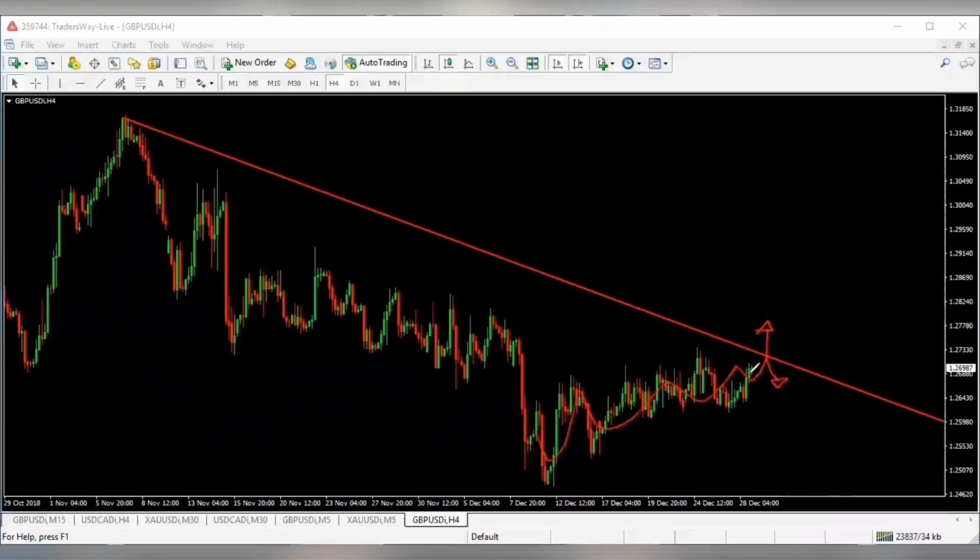If it breaks that trend line, then we possibly have a trend reversal. If it goes here at the top and reverses, then most likely price will continue going on a downtrend to find the next support zone.